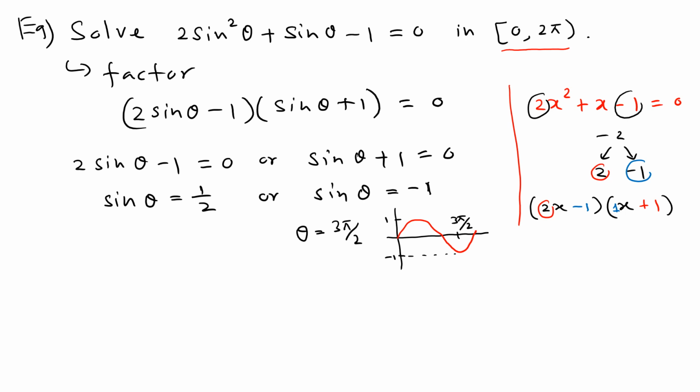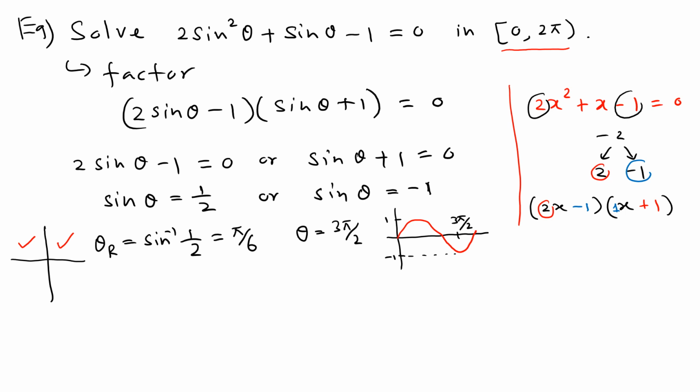For the second one, we do it as before. We're going to find the reference angle. The reference angle theta r is sine inverse 1/2, which means pi over 6, and this is positive. Since this is positive, it has to be in either the first quadrant or the second quadrant.